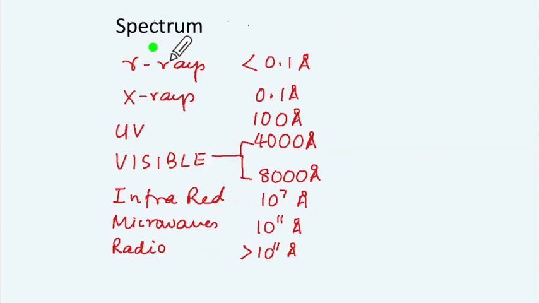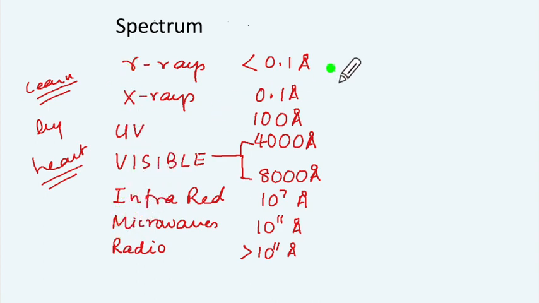Alright, the next chapter is spectrum. It is basically to learn everything by heart. First thing is you have to know which are the components of the electromagnetic spectrum, and you have to know all these wavelengths by heart.